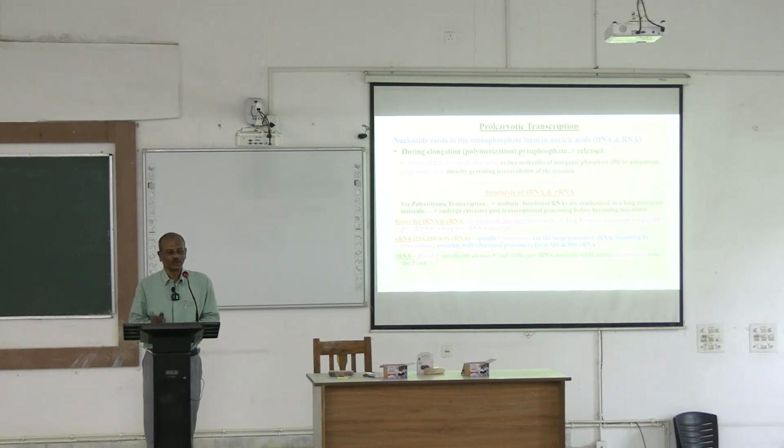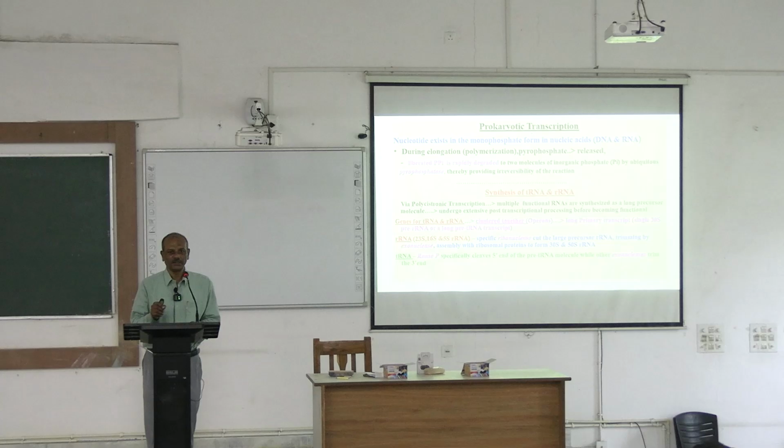So that extra 2 phosphates, that is pyrophosphate, is removed, and those 2 phosphates are cleaved by pyrophosphatase enzyme to release energy and to release free phosphate also. To this point I told you.